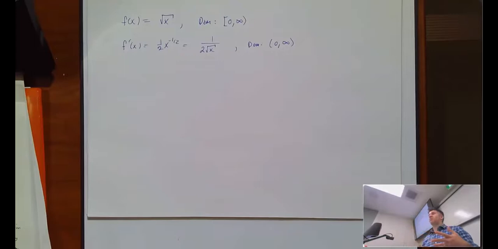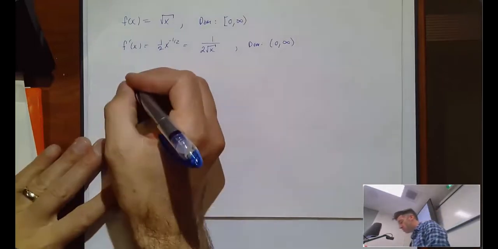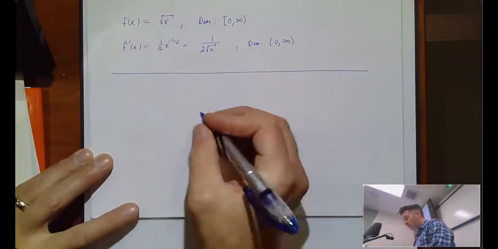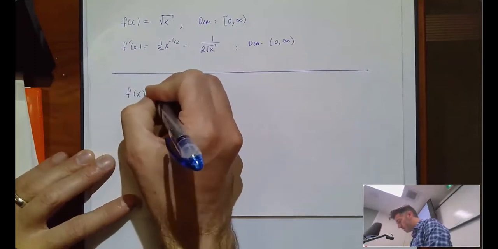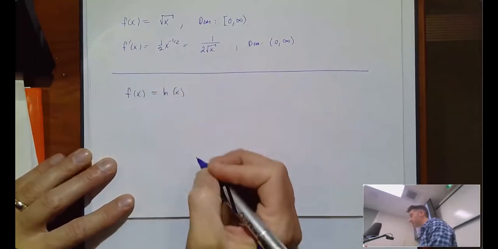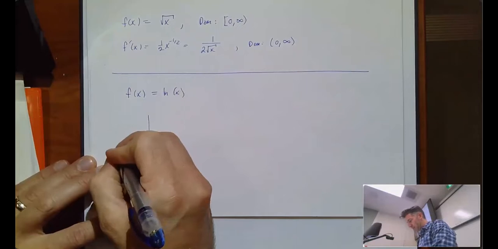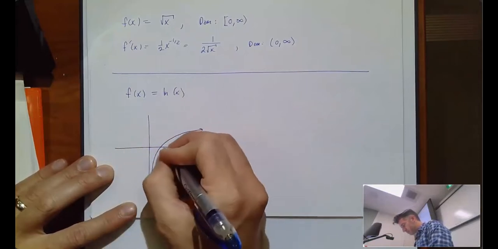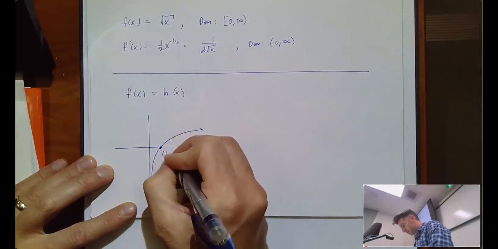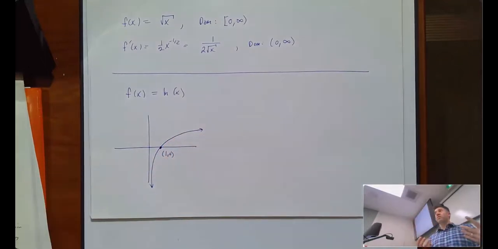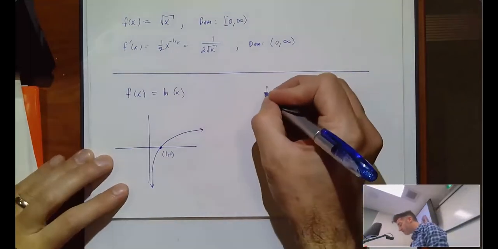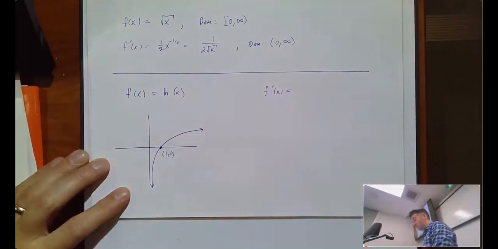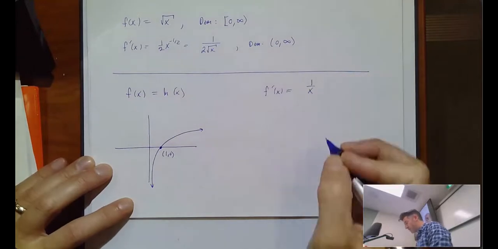Now, here's what I want to show you. If your function is the natural log of x, which looks like this. Well, first of all, you can only take the derivative of a function where it's defined. So the derivative of natural log of x, f prime of x, is 1/x.